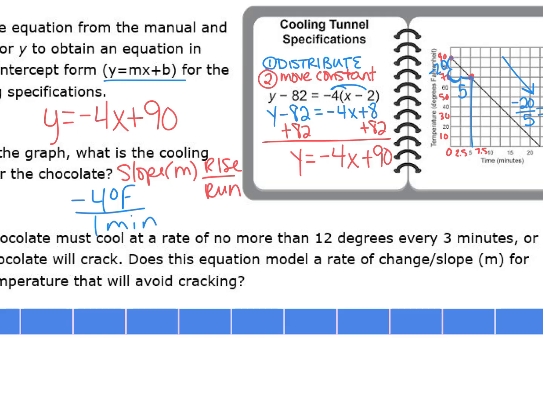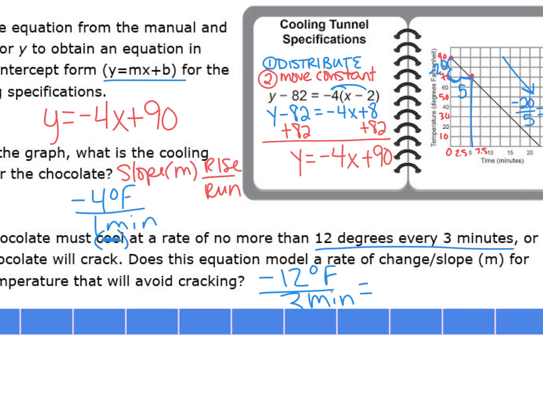The chocolate must cool at a rate of no more than 12 degrees. What does it mean if it's cooling? Is that a positive or a negative? That is a negative. I'm going to put a big minus on that. Kind of looks like I crossed it out, but it's a negative. So does this match if I go negative 12 in 3 minutes? What do you know about negative 12 over 3?